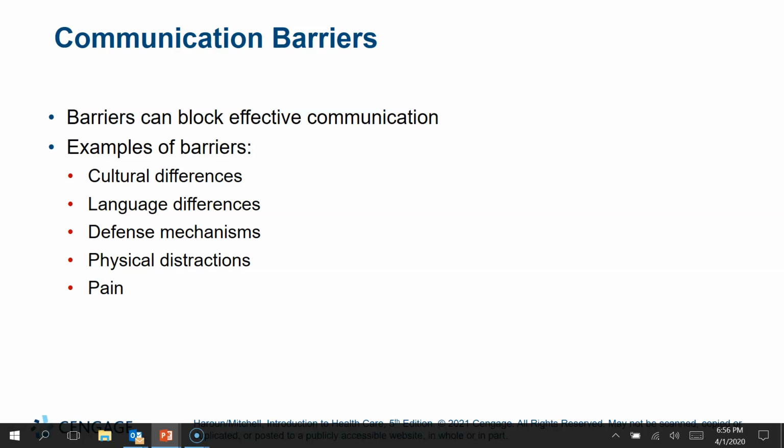So when we have patients that are on these Schedule II medications, we have to realize that they may not be able to communicate well. As well as that pain, when patients are in pain, it is very difficult sometimes for them to talk, and they can be very short and snappy because they're not feeling well. So all of those things can become barriers in the communication process.